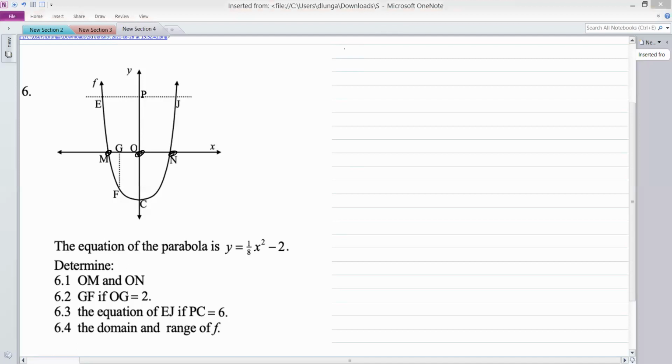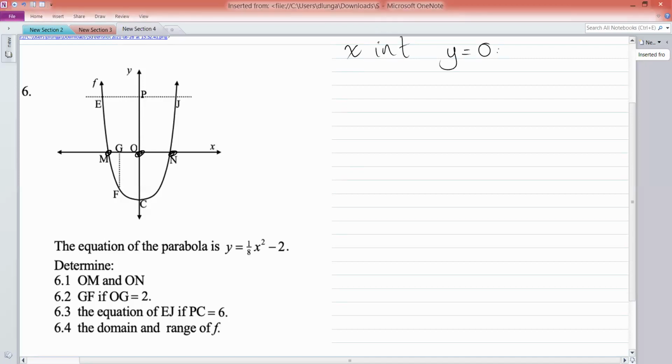How do we work out the y value? Perfect, good. So we have the x-intercepts, we're going to make y equal 0, so 0 equals 1/8 x squared minus 2.